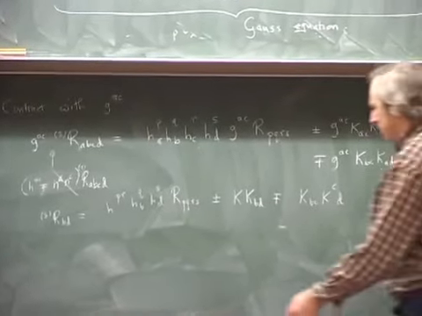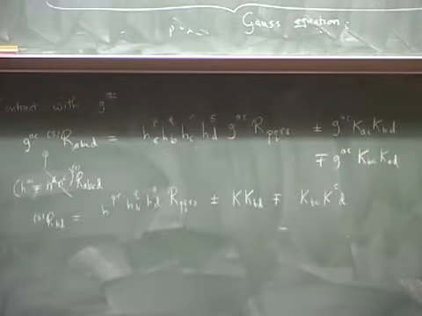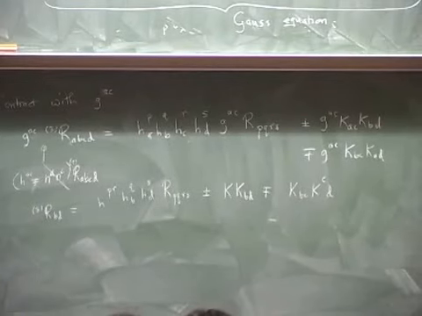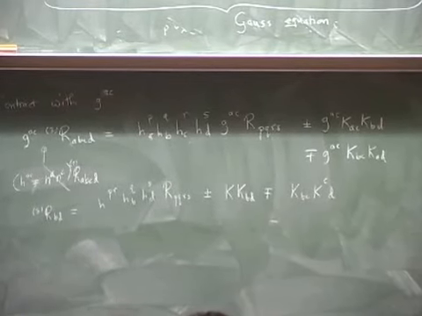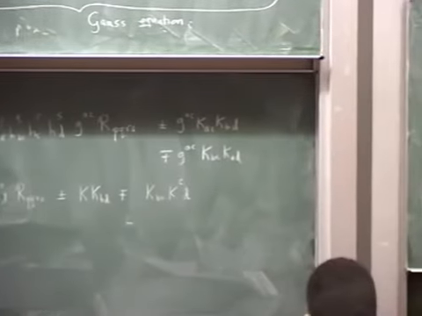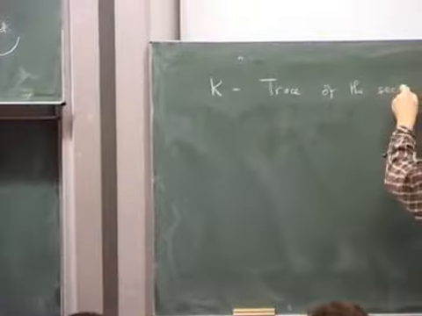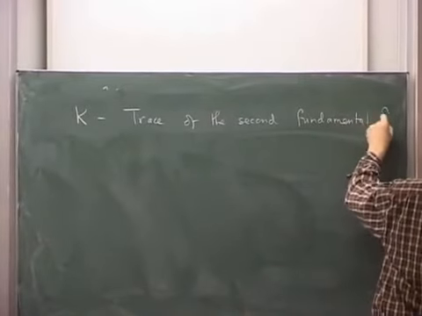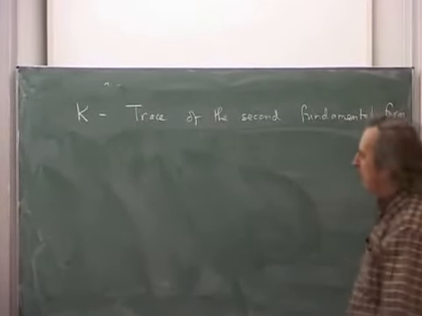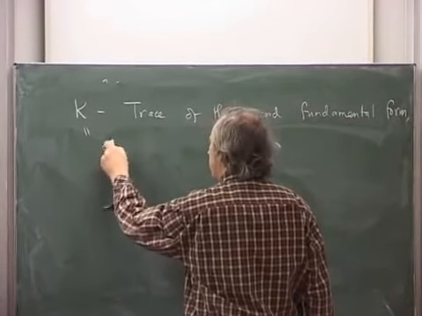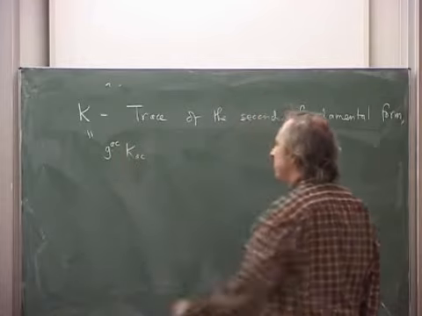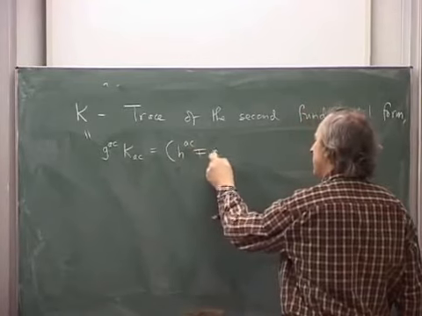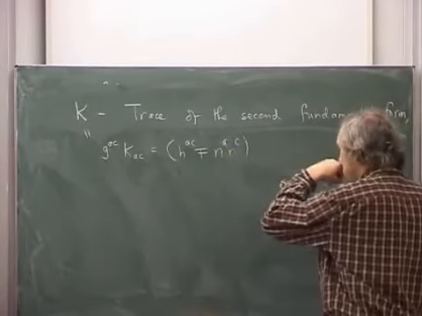So as a piece of notation, K is sometimes called the trace of the second fundamental form. And of course, this thing we wrote as g^AC K_AC is obviously the same thing as h^AC K_AC, because h^AC is related to g like that.